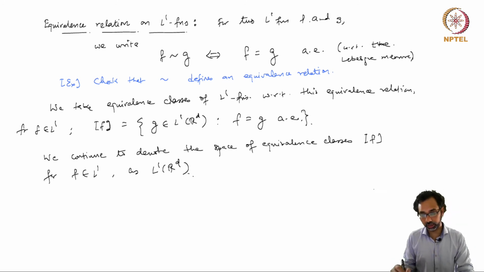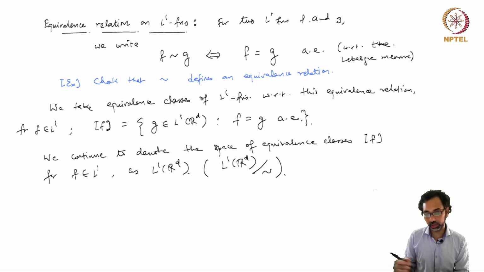So rather than using a new notation, we still write it as L1(R^d), which actually should have been written as L1(R^d) from our previous notation modulo this equivalence relation. Rather than writing modulo always, we are going to write it as simply L1 of R^d.